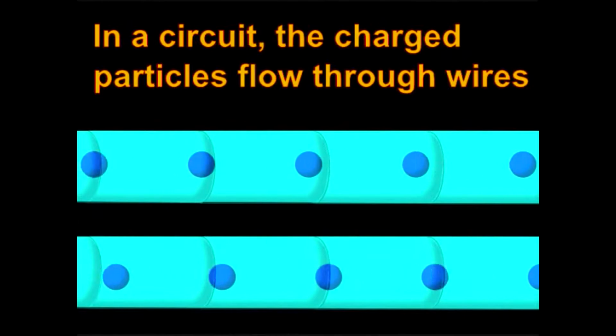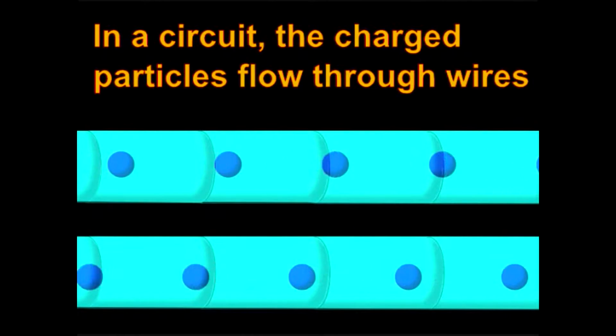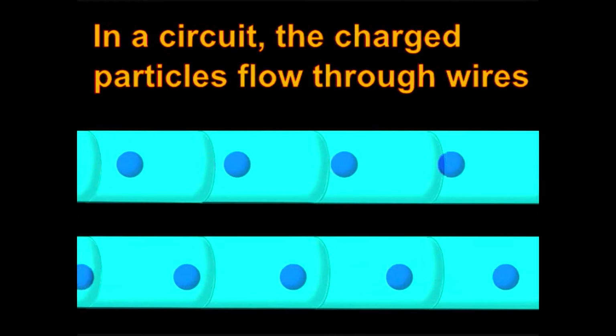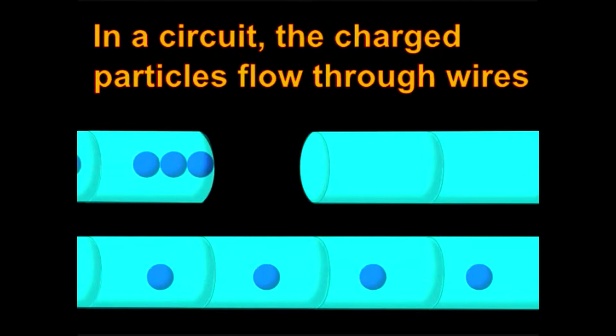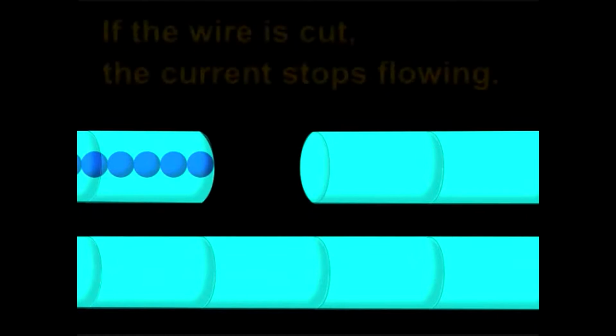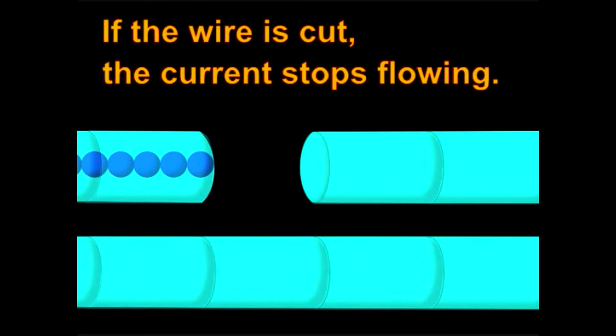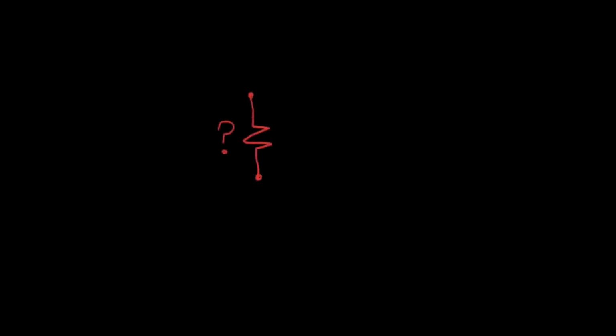In a circuit, the charged particles flow through wires. If the wire is cut, the current stops flowing. In a previous video, I said that a resistor is a component that limits current.